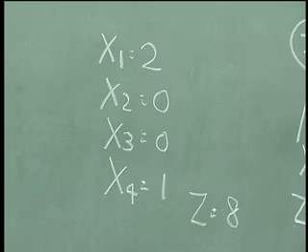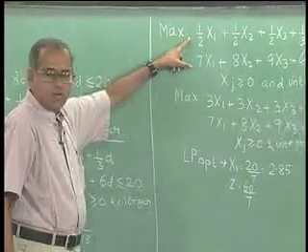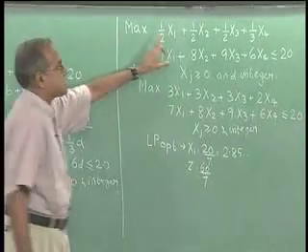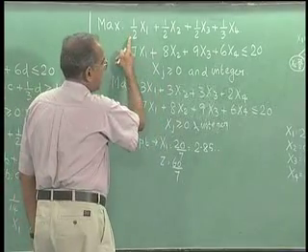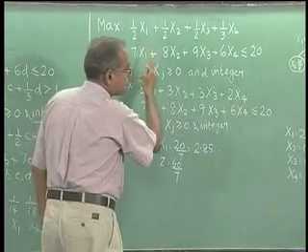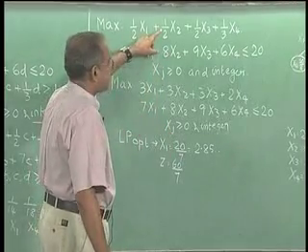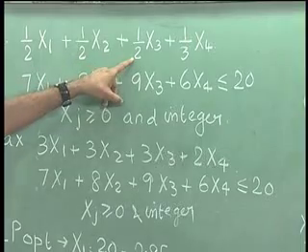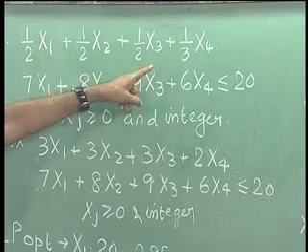Now, we have already multiplied the original objective function by 6, therefore, corresponding to that 8, when we substitute, this function will give us 2 into half, which is 1, plus 0 into half, which is 0, plus 0 into half, which is 0, plus 1 by 3 into 1, which is 1 by 3.